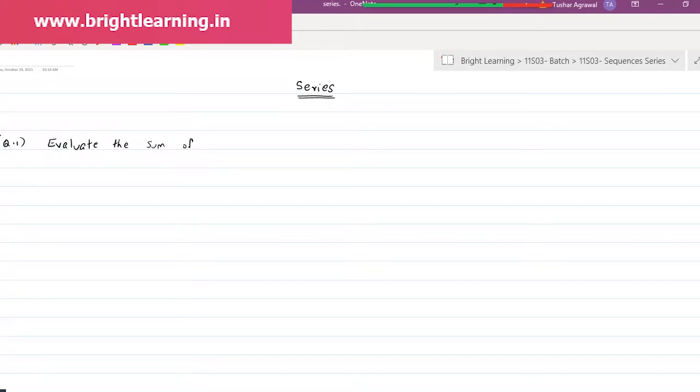Evaluate the sum of the series, of the sequence, up to n terms, where a_n is given by (n plus 1) into (n plus 2).